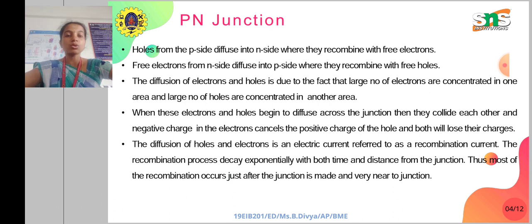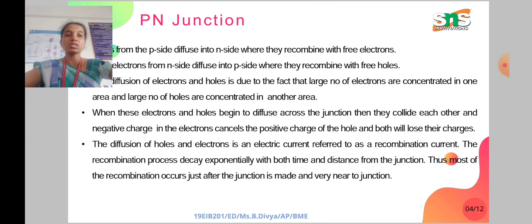When these electrons and holes diffuse across the junction, they collide, and the negative charges of the electrons cancel the positive charges of the holes, so both lose their charges.